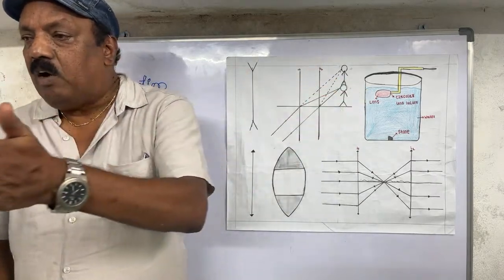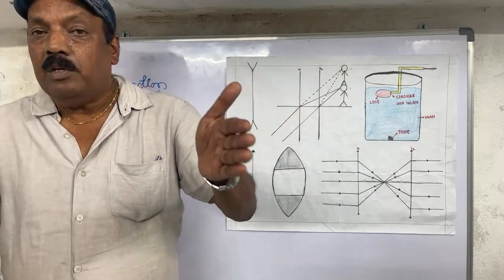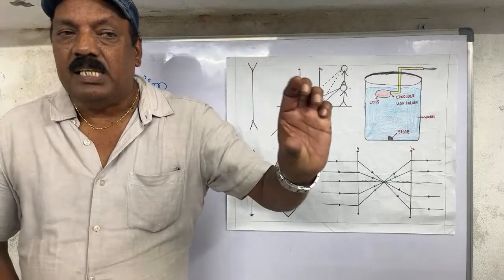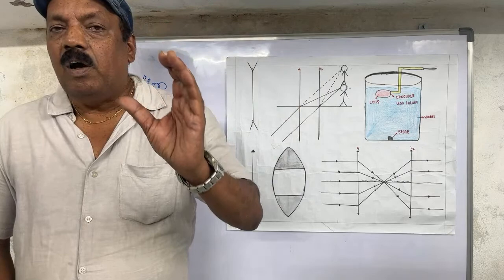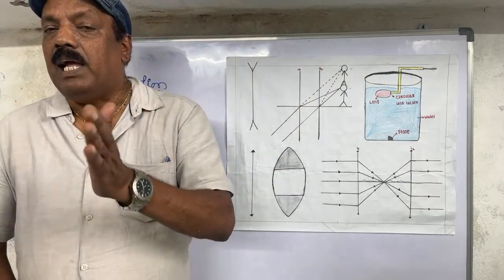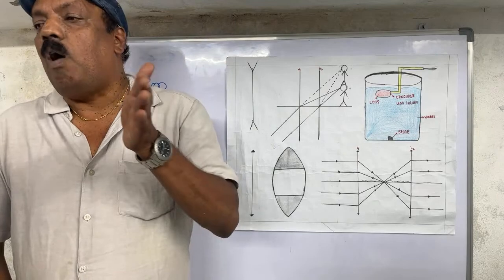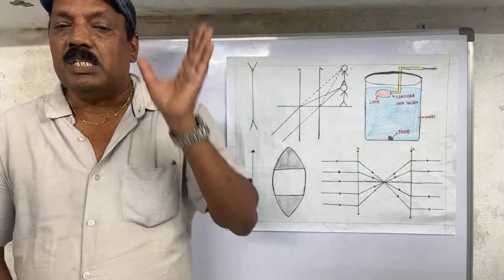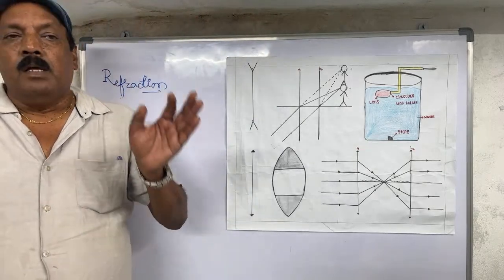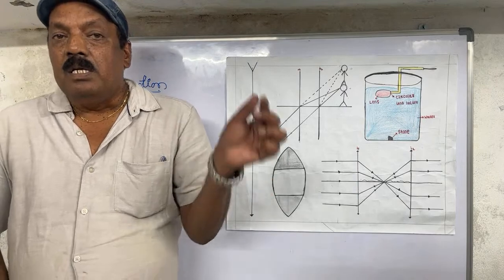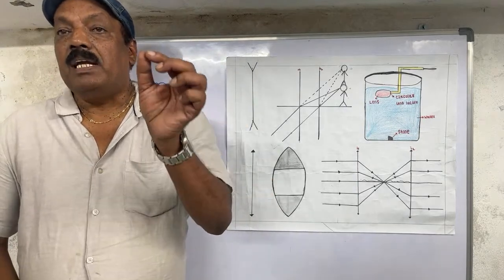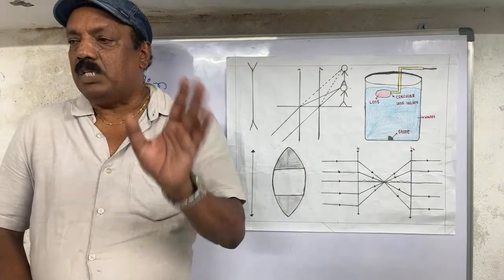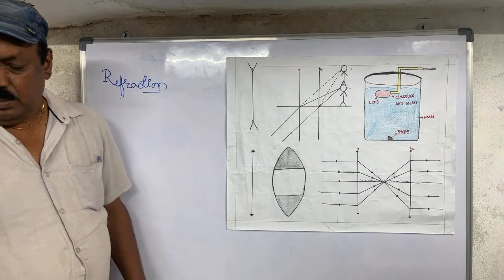Is the speed changed or not? Changed. It is 30 crore meters per second to 20 crore meters per second. The process that changes the speed of light from a rarer medium, air, to a denser medium, water, is nothing but refraction. Clearly, refraction is the process of changing the speed when light travels from a rarer medium to a denser medium. So that is the definition.